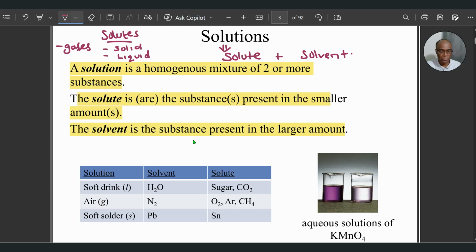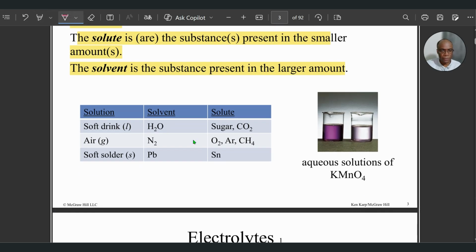Looking at this table, you will say that a soft drink is a solution, because it's made of water plus sugar and CO2. Air is a solution. I told you solvents can be gases or liquids. Air is a solution because it's composed of nitrogen gas in large amount, and then oxygen, argon, methane will be in less amount.